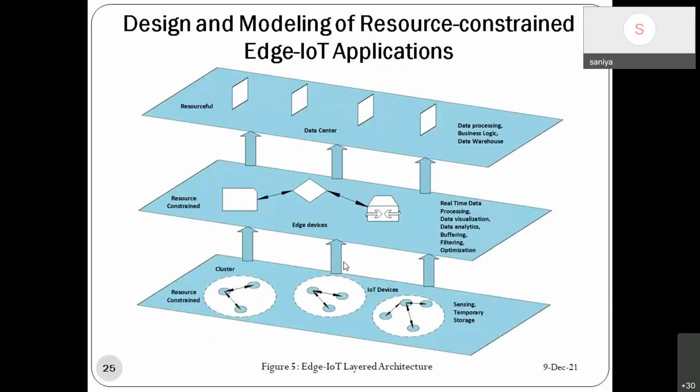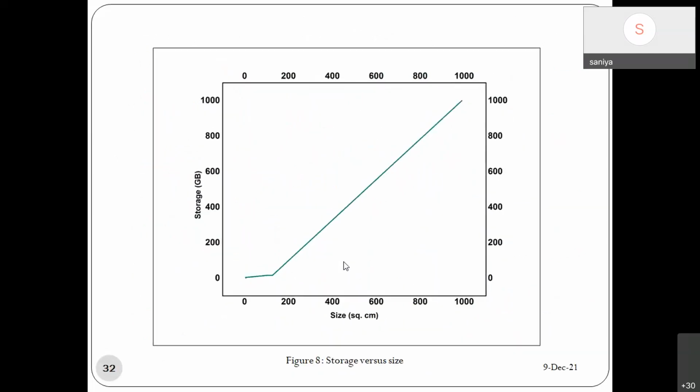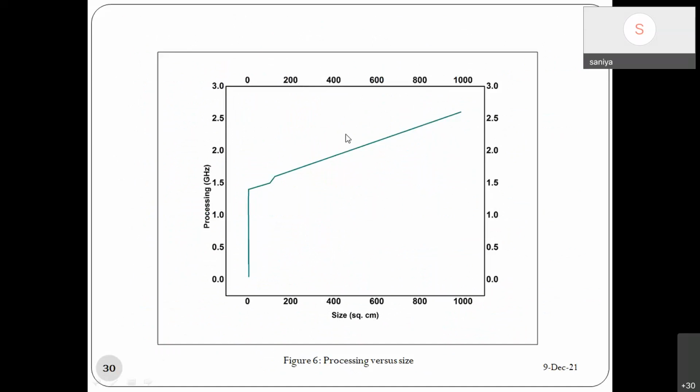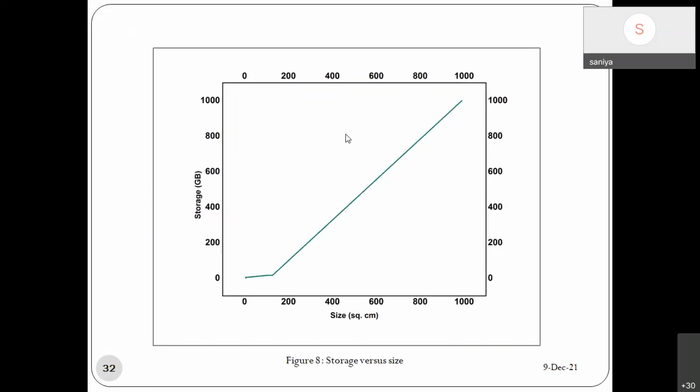Then we talked about the general IoT application and how we can model that. Once we go for the model, if I say the resources are limited as compared to the edge, we should have proper data for that. I cannot have the modeling done based on my own assumptions. I need to have perfect proof. So these are the proofs.